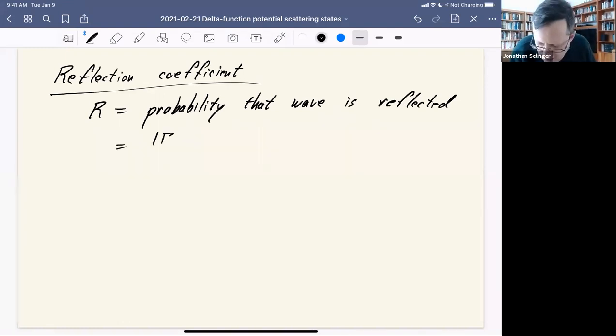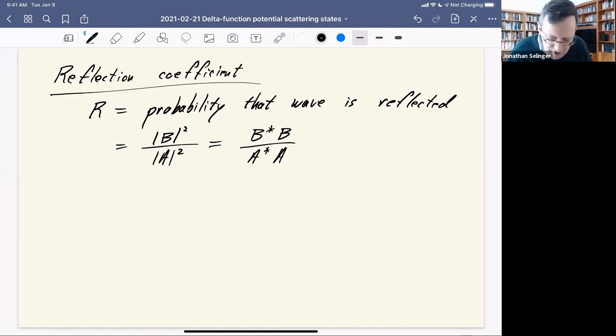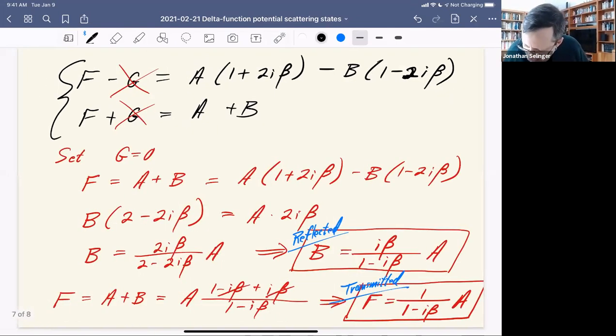So it's B squared over A squared. So that is B conjugate times B divided by A conjugate times A. Okay, well, I figured out B over A here, right? That's this ratio.